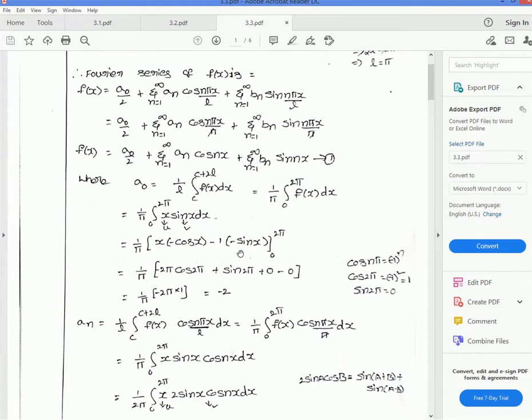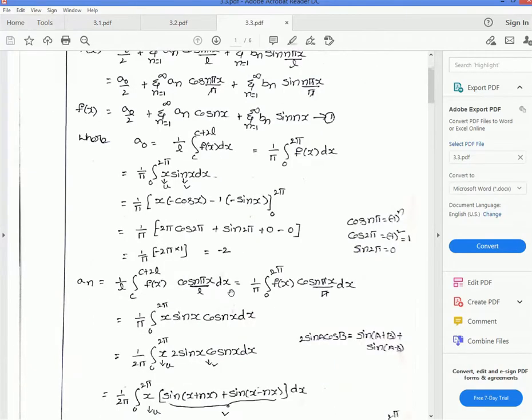Now we use the UV rule: x times the integral of sin x, which is minus cos x, minus the derivative of x, which is 1, times the integral of cos x, which is sin x. Evaluating from 0 to 2π, we get minus 2π cos 2π plus sin 2π, minus the lower limit: 0 times cos 0, and sin 0 is 0. But cos 2π is 1 and sin 2π is 0, which gives minus 2.